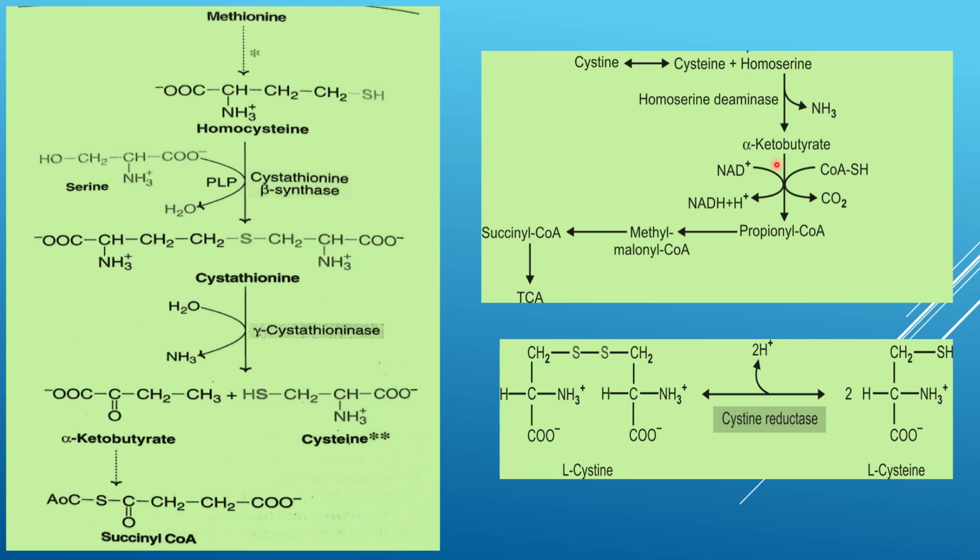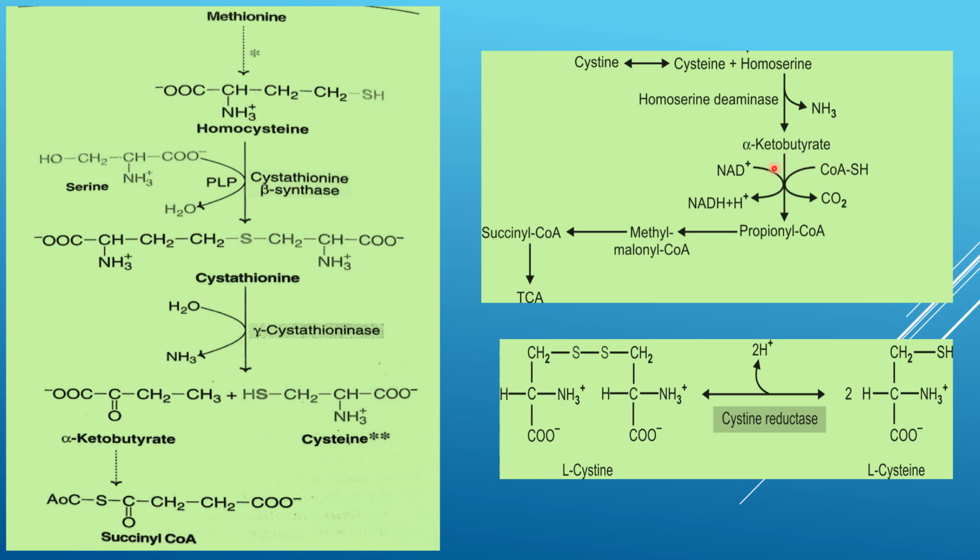Then in this picture, we'll see cysteine or cystine. Actually, cystine is the dimer of cysteine. So any of these, combined with homoserine, loses ammonia because there is the enzyme deaminase, and it converts into the alpha ketobutyrate intermediate.